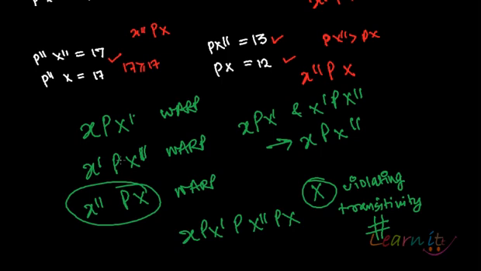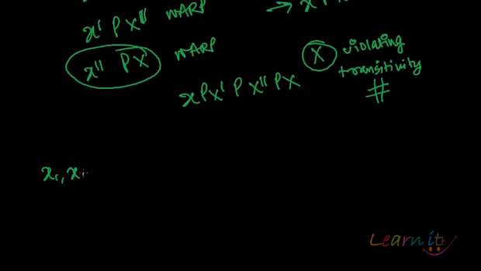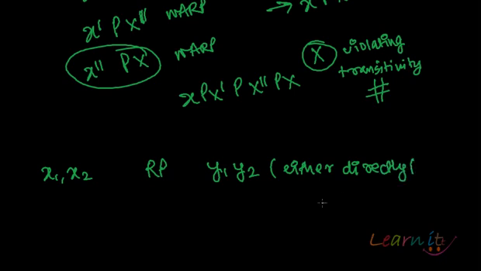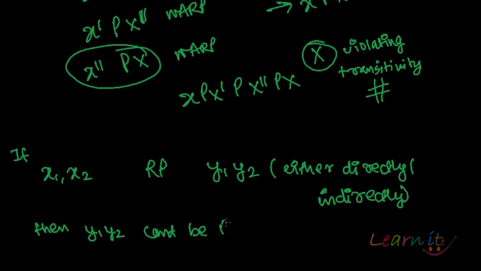So what you're trying to say is that if there is a bundle x1 x2 which is revealed preferred over the bundle y1 y2, either directly or indirectly, and y1 y2 is of course different from x1 x2, these are two different bundles, then y1 y2 can't be revealed preferred over x1 x2, either directly or indirectly.